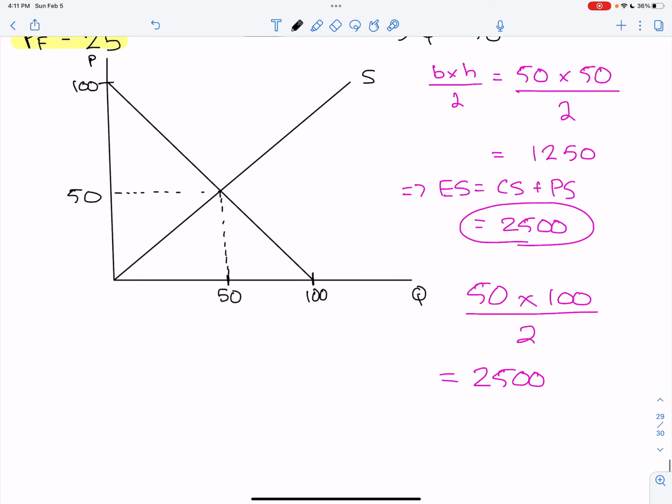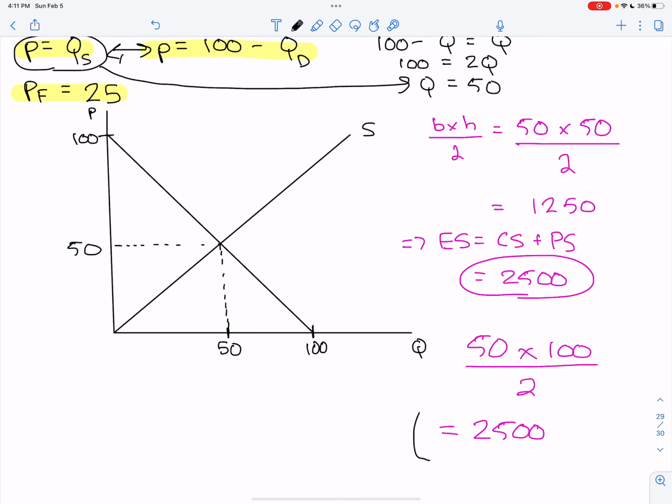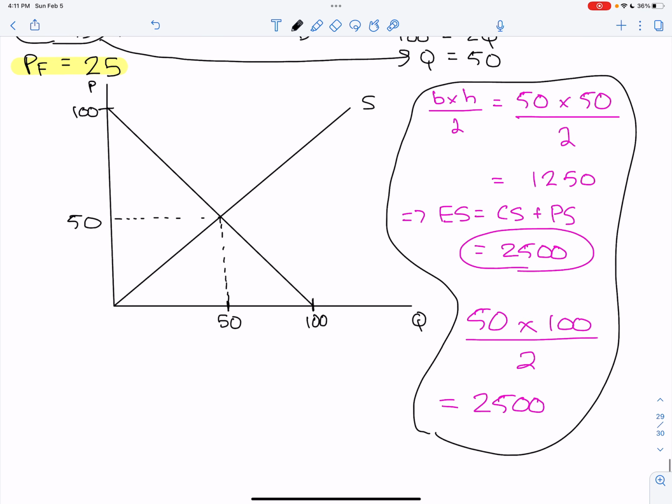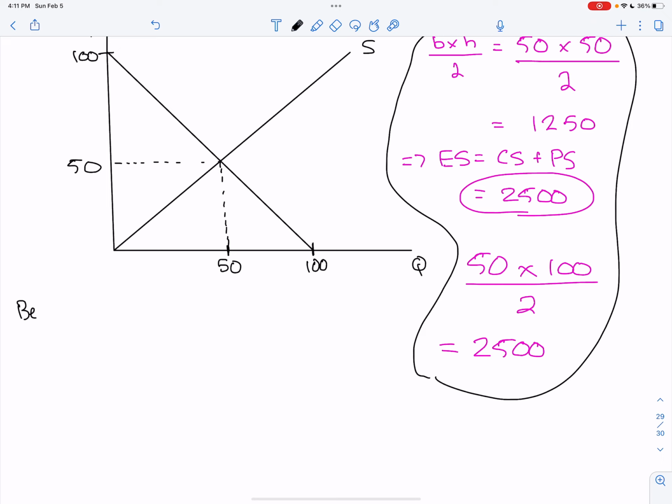Keep these calculations on the side in mind. Actually, let's tidy this up and write out our results. Before the price floor, consumer surplus equals 1,250, producer surplus is equal to 1,250, so economic surplus is equal to 2,500. That allows us to tidy this up here.